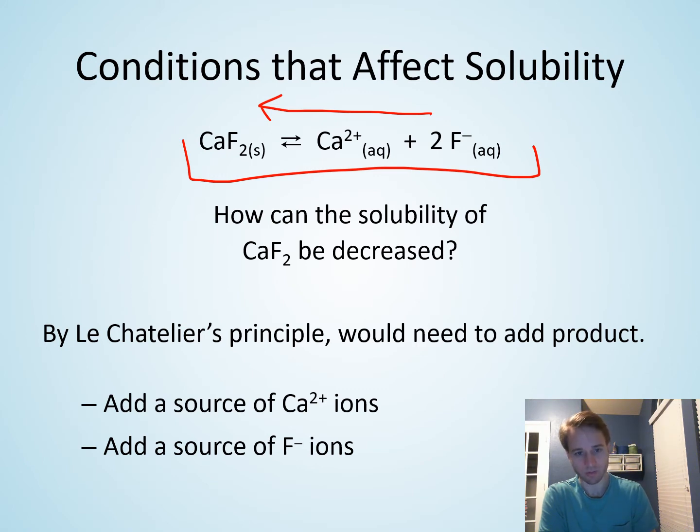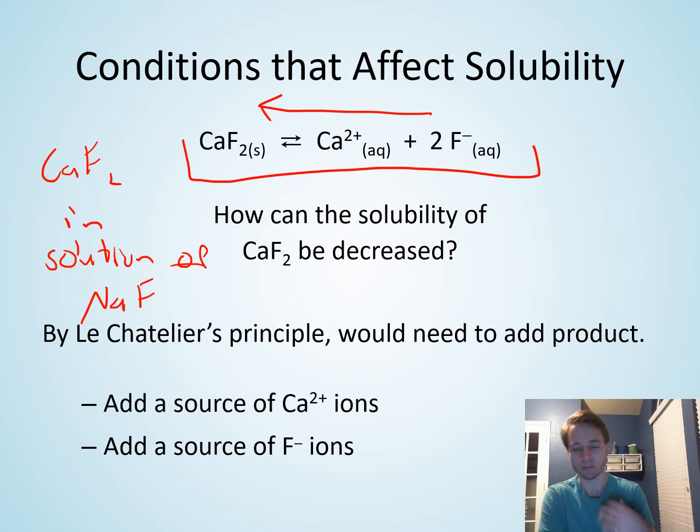If I tried to dissolve calcium fluoride in a solution of, say, sodium fluoride, well, I've got a bunch of fluoride ions already floating around in solution, so I'm not going to want to form more fluoride ions through the dissolution of this calcium fluoride.